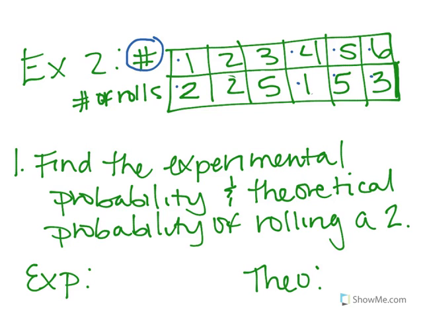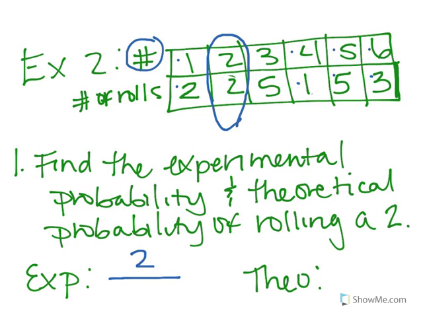Okay, so if we start with experimental, remember, experimental probability is what actually happened. So I'm going to look at this column right here. It looks like I rolled a 2 two times. So my experimental probability would be 2 out of the total number of times that I rolled the dice. So now I have to count how many times I actually rolled.